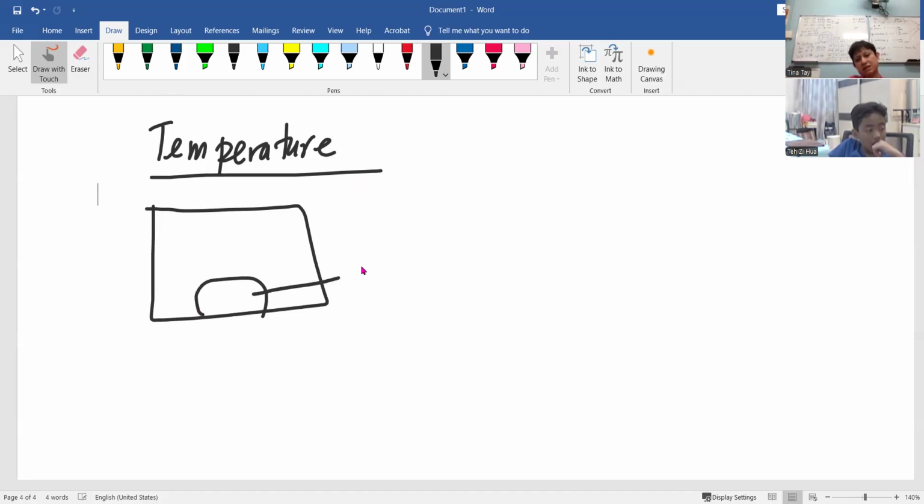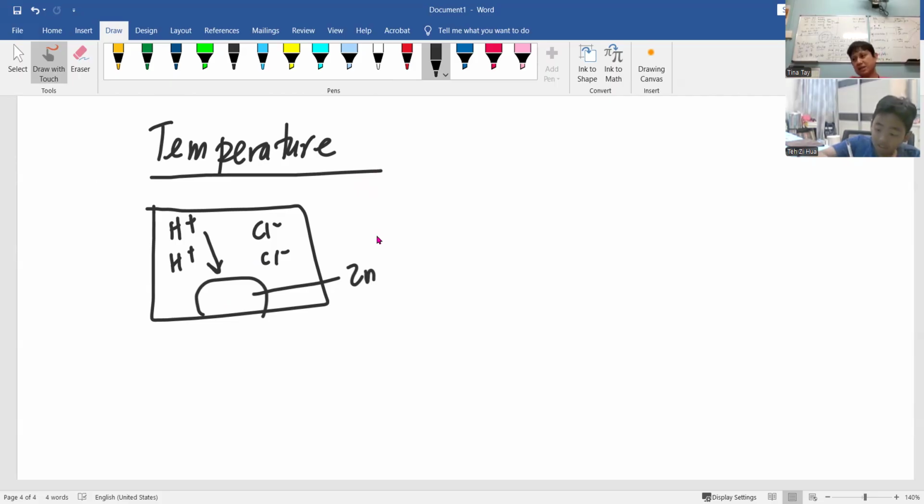Now, this is my zinc, and these are the hydrochloric acid particles. In order for a reaction to occur, they have to collide.